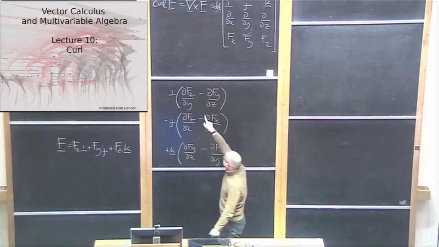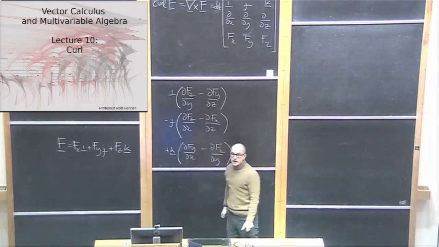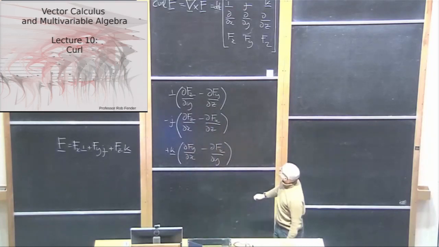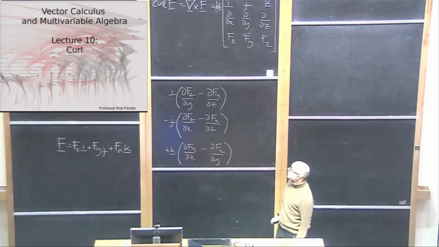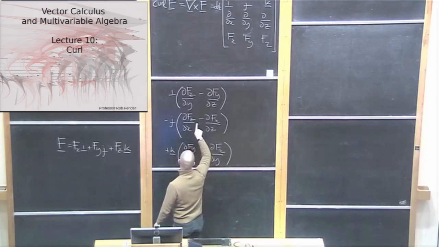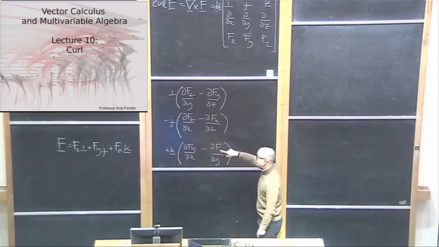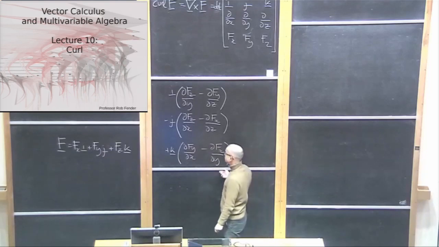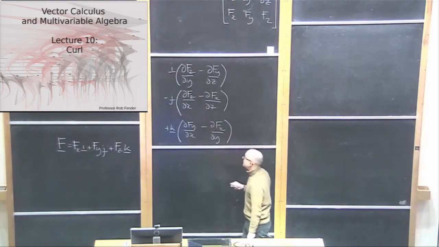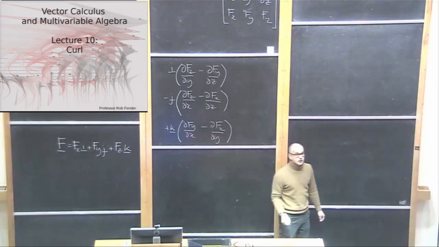So the component in the i direction is telling you about how much your vector field is rotating in the YZ plane. Okay? And similarly, your j component is telling you about how much your vector field is rotating in the XZ plane, and your k component is telling you about how much your vector field is rotating in the YX plane. Okay?